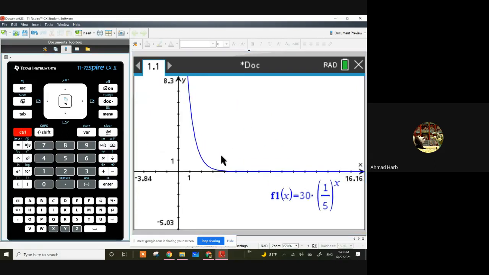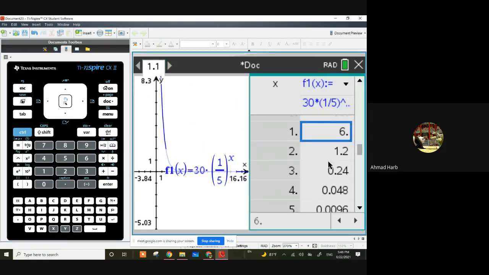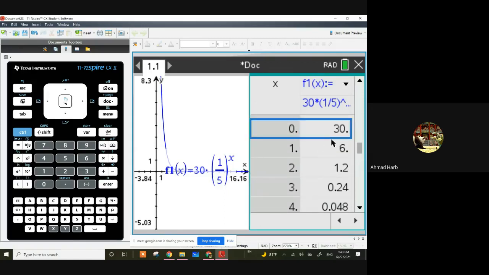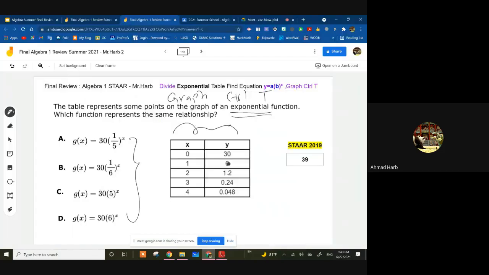So Control T, and you're going to notice that 0 goes with 30, 1 goes with 6, 2 goes with 1.2. If you compare these to the table, 0 goes with 30, 1 goes with 6, 2 goes with 1.2, and so on. So that is actually the correct equation.